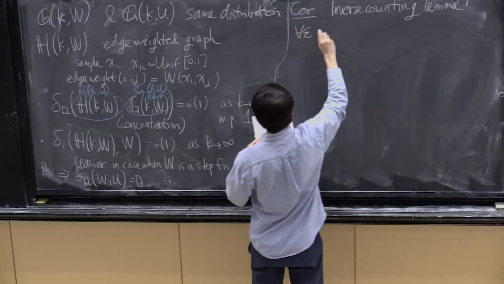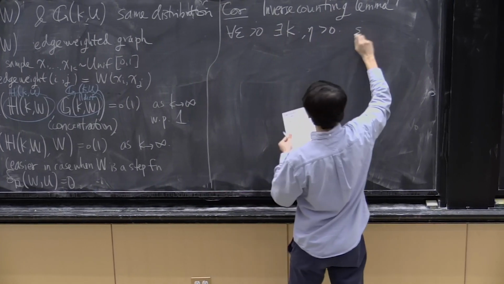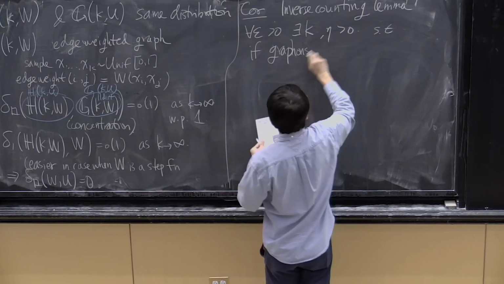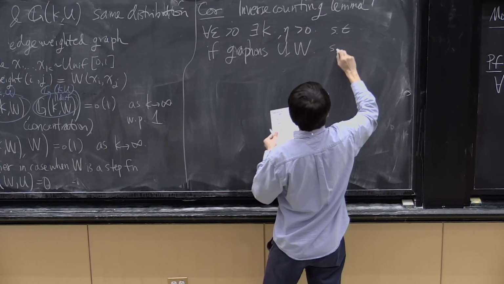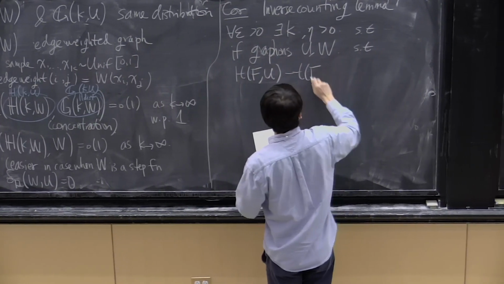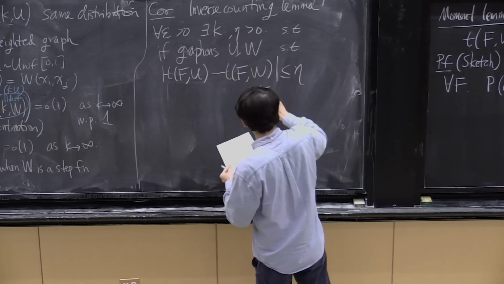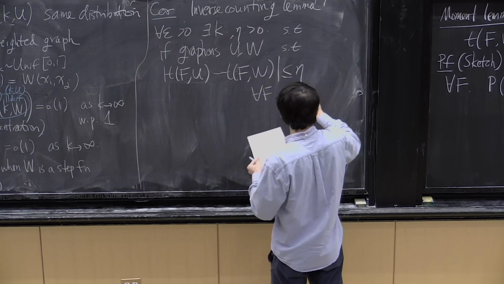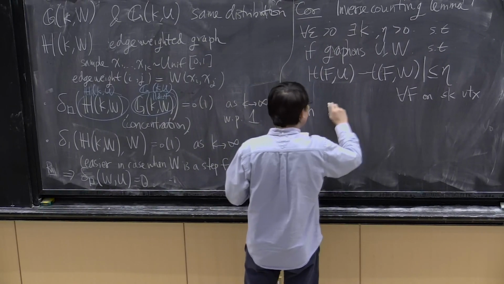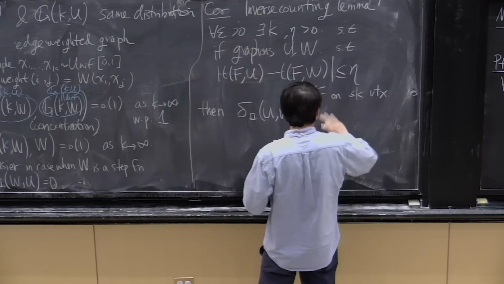The statement is that for every epsilon, there exist k and eta such that if the two graphons U and W are such that the F densities do not differ by more than eta for every F on at most k vertices, then the cut distance between U and W is at most epsilon.